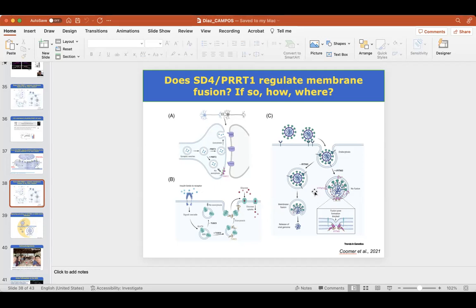So there might actually be information that we haven't followed up on to see what are the countermeasures that the virus has developed, and then are those mechanisms also shared by the SynDIGs, and maybe there are some interesting informative things that we can learn that would help us understand their mechanism in plasticity.